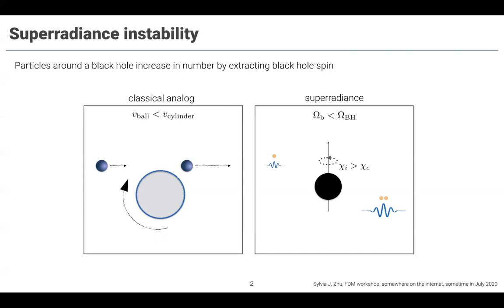Of course, in the classical analog, the ball flies off to infinity, but for the superradiance instability, the key difference is that this boson is now trapped within the gravitational potential of the black hole. So this quickly becomes a runaway process, and you could very quickly build up large numbers of bosons existing in the vicinity of these black holes.